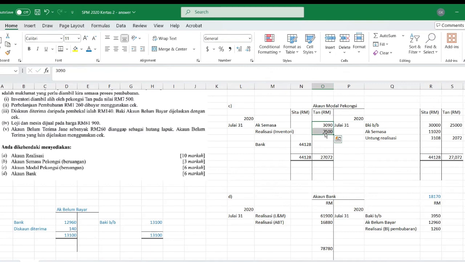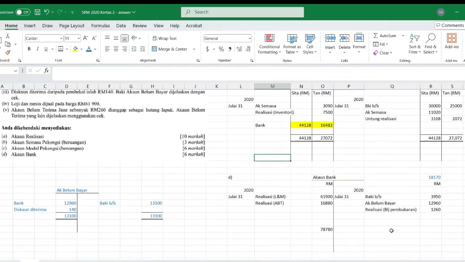So 27,072 ringgit minus 3,090 and minus 7,500. It is going to be 16,482. The partnership has to return this amount to SITA and TAN respectively.